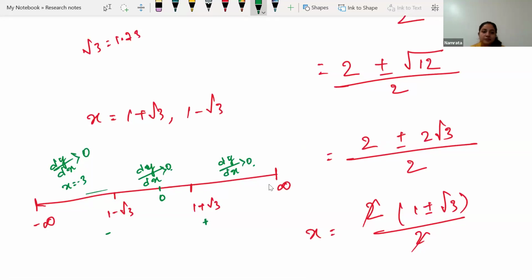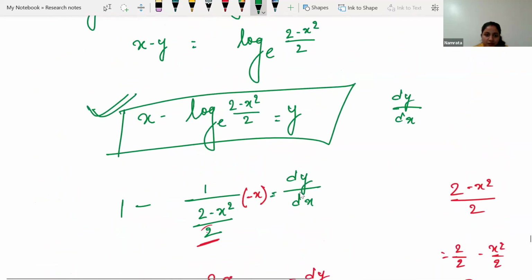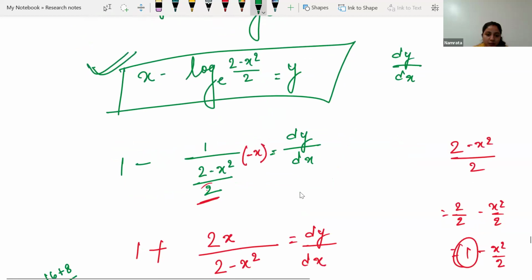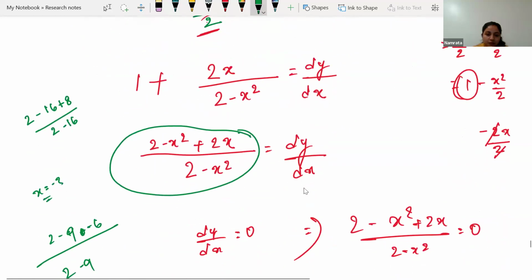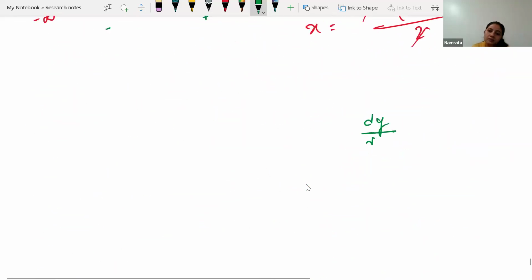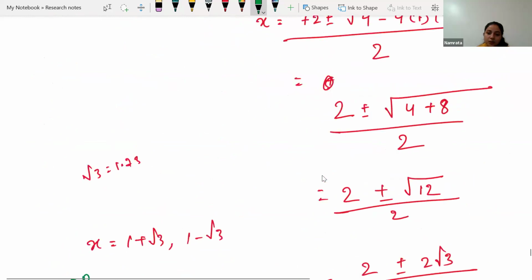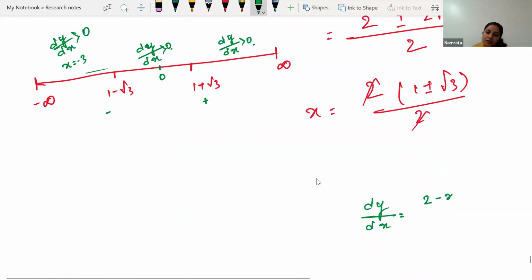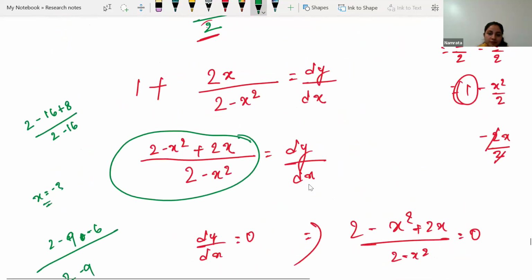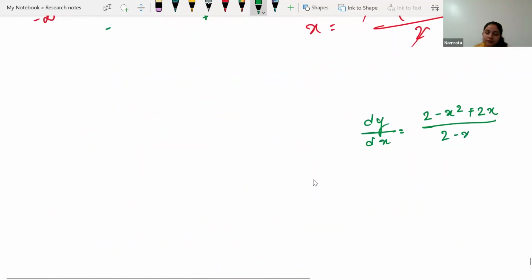Just a moment. Are we doing any mistake? We have to check. dy by dx is equal to 2 minus x squared plus 2x over 2 minus x squared. This is what we are having.